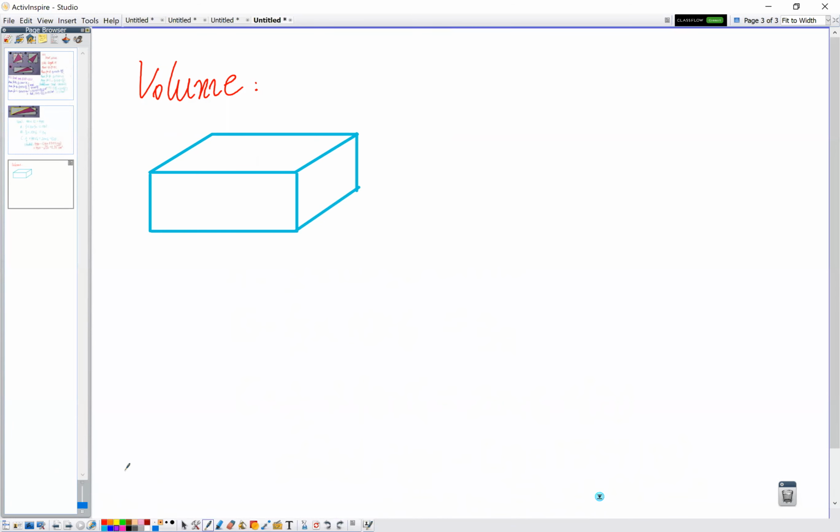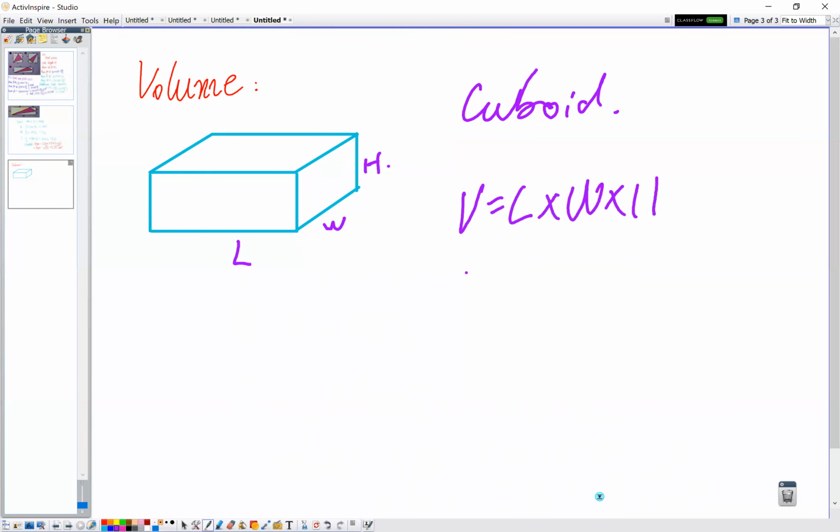For a cuboid, if this is the length, this is the base, this is the height, the volume is equal to length times base times height. Okay, so bear this in mind. Now you think about two questions. Let's start from the easy one first.